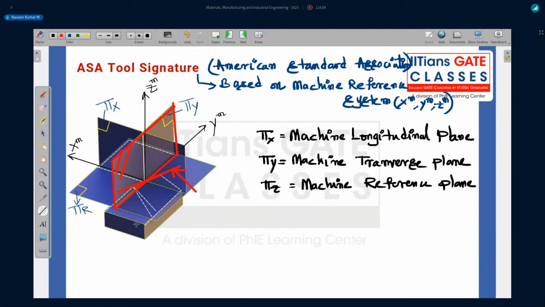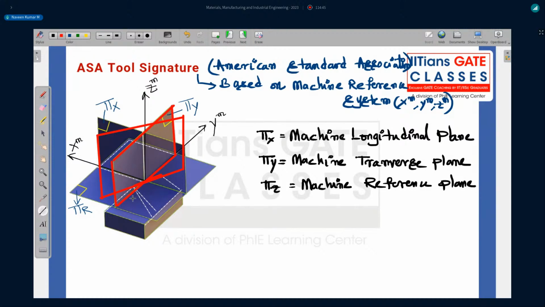So in the ASA system, we are using this system where the reference is with respect to the machine. But in the ORS system, we will use this cutting edge as a reference. So the plane, we are going to drop a plane like this, instead of this plane, we are making a plane with respect to this cutting edge.